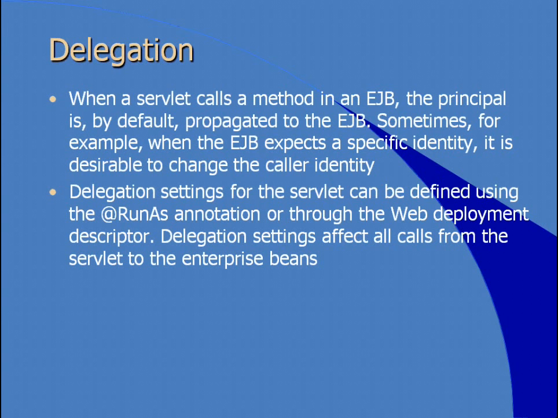The run-as settings can be set through the web deployment descriptor, and there's also an annotation if you don't want to work with the XML. So you can annotate your code to specify run-as roles or identities if your servlet is expected to change the caller identity before calling a method on an EJB. Delegation settings affect all calls from the servlet to the enterprise bean, as we'll see in just a second.